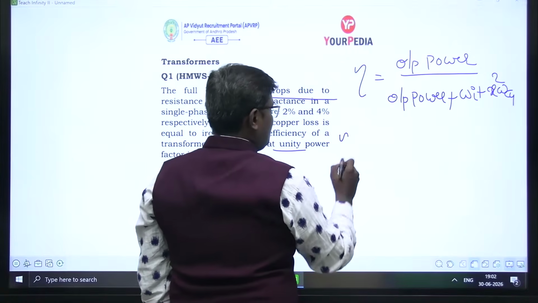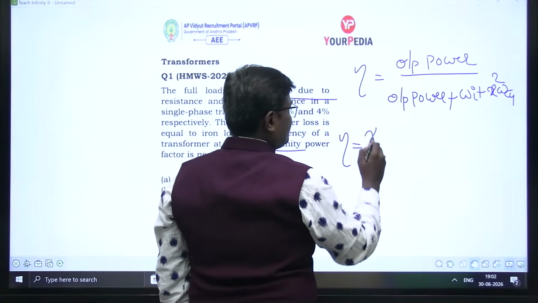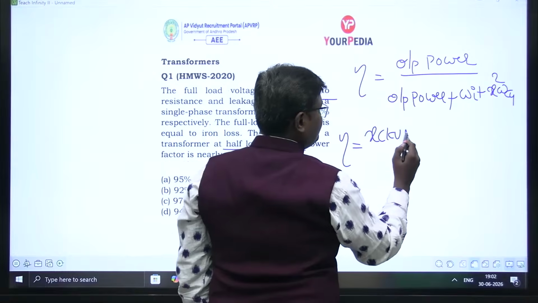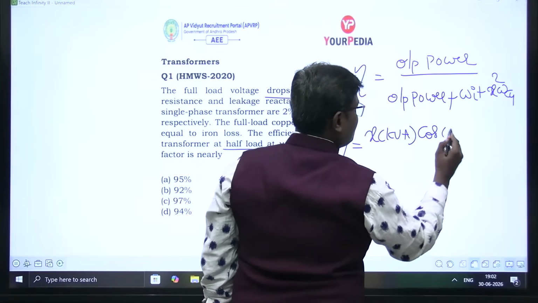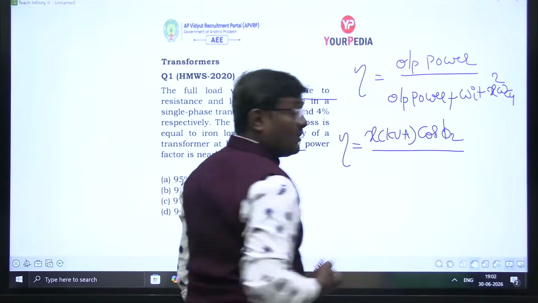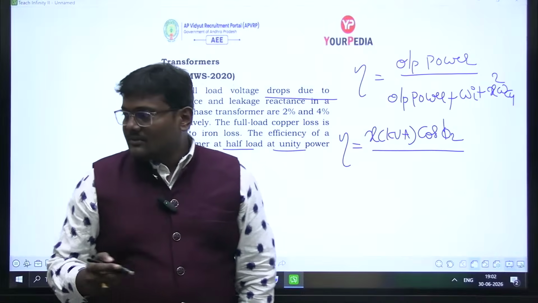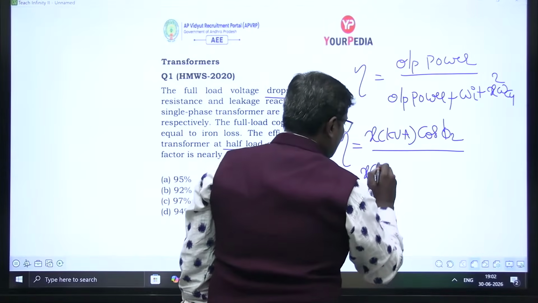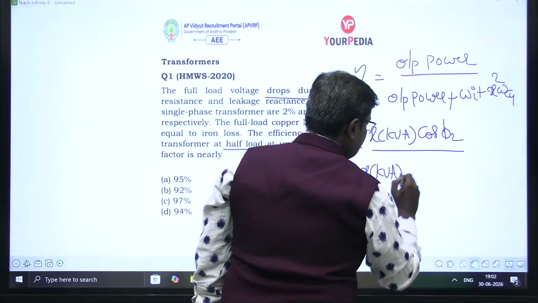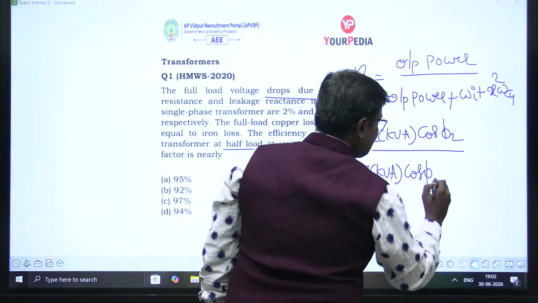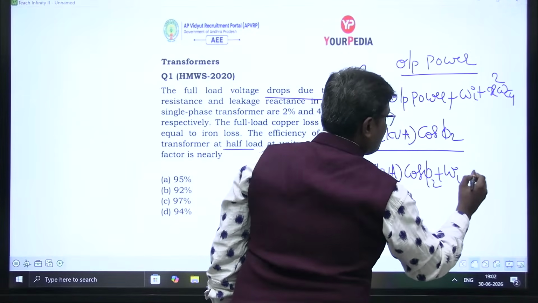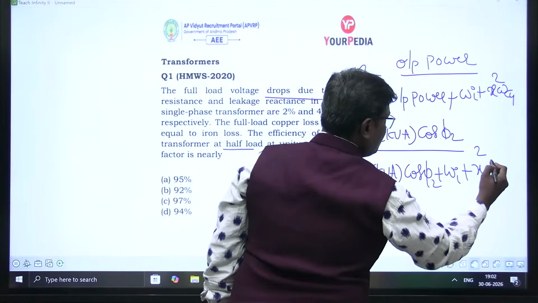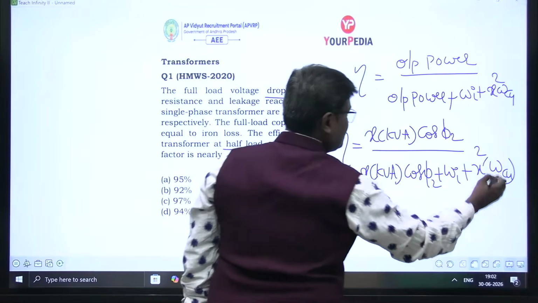Efficiency is equal to x times kVA cos phi 2, where cos phi 2 is the power factor of the load, divided by x times kVA cos phi 2 plus iron losses plus x square times the full load copper losses.